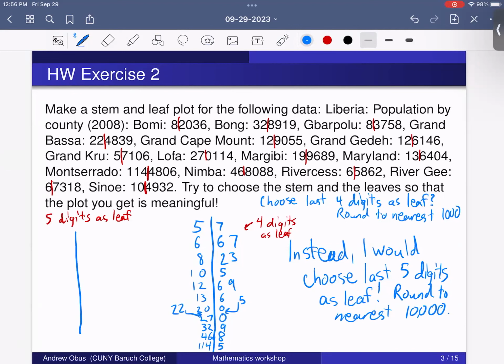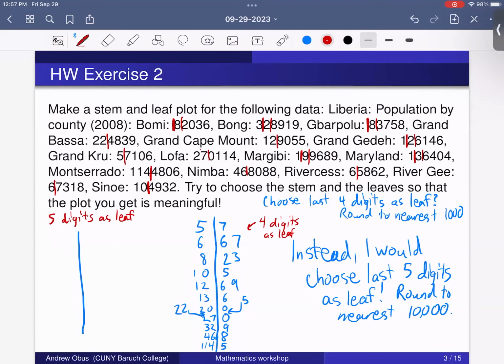So if I choose the last 5 digits as the leaf, now what do I have? Well, I'm drawing now the lines over here. So I'm drawing my lines with 5 digits after the line.